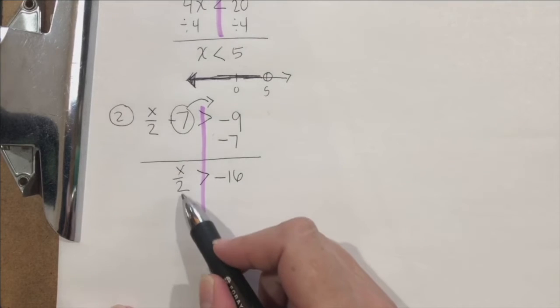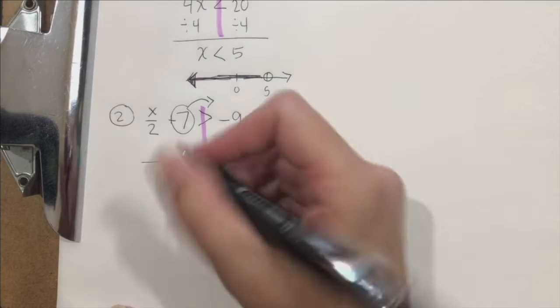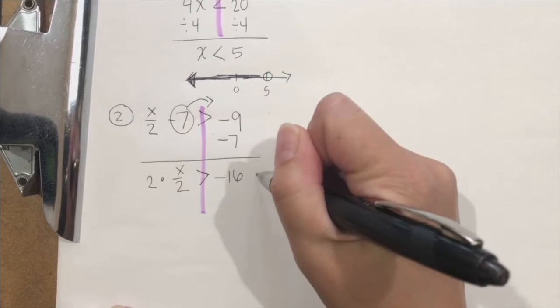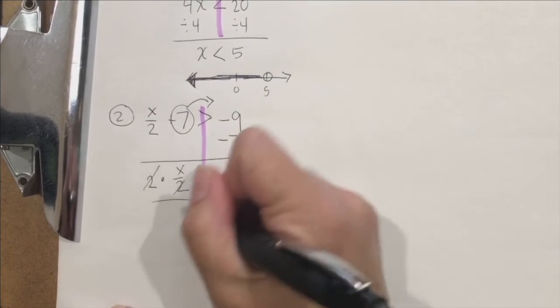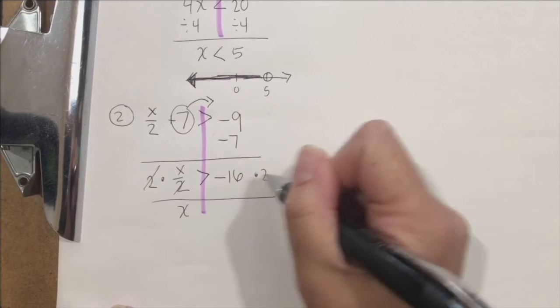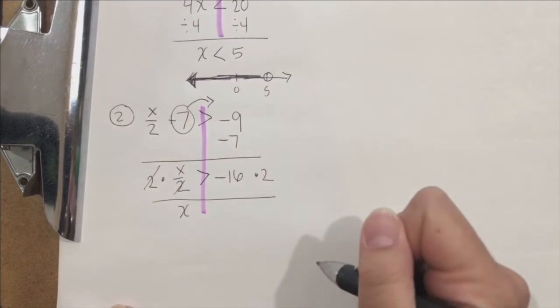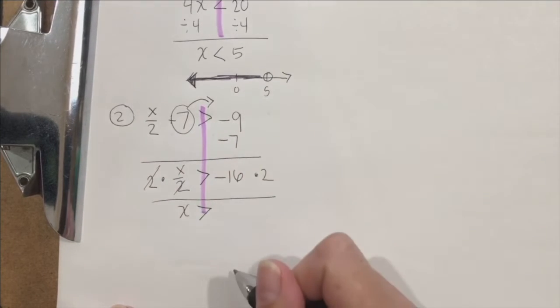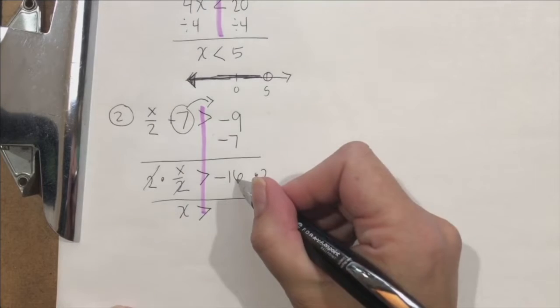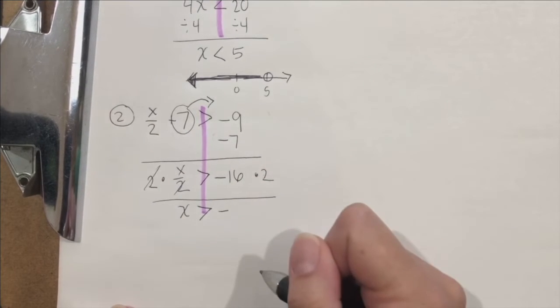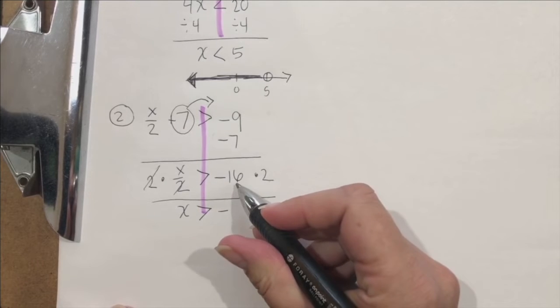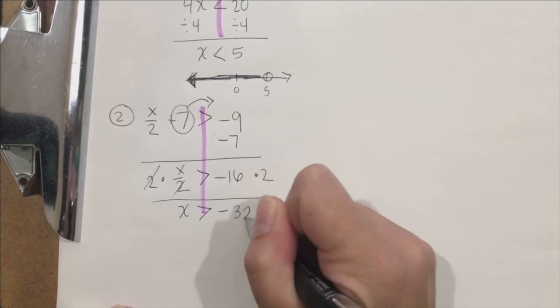If I have x divided by 2 and I want to undo that, we'll multiply by 2. So now I have just x, and it wasn't a negative 2, so the direction of the sign stays the same. Negative 16 times 2, still negative. 16 times 2 is 32.